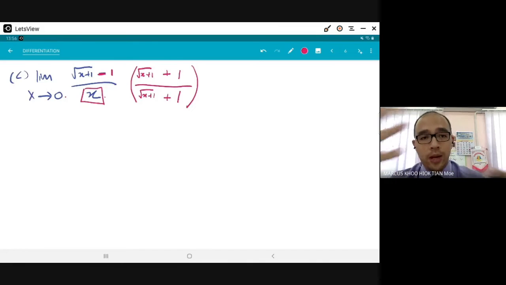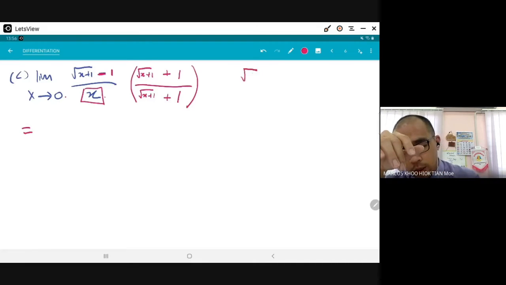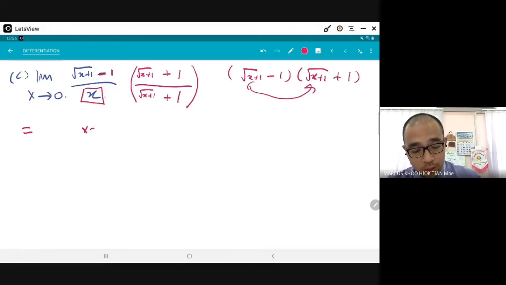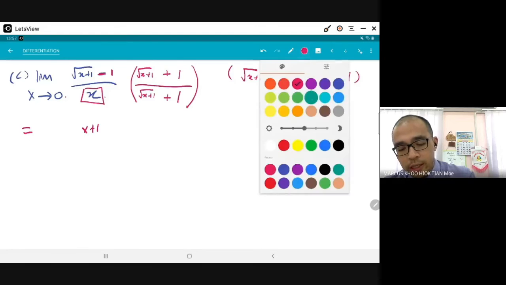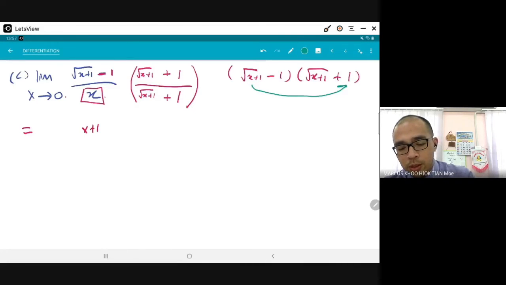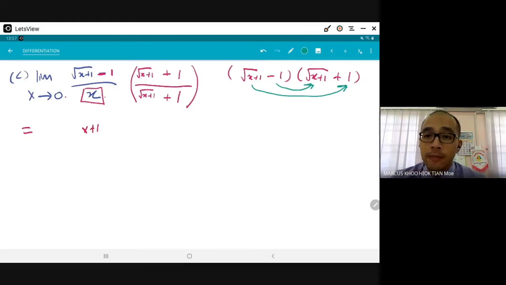So what happens when you multiply, we settle the top first. Square root of x plus 1 minus 1, and then square root of x plus 1 plus 1. Multiply this and this, it will become x plus 1 only, because square root times square root, you just get this one. And because there is a minus and plus, those who did not come to class last year will all regret it, since you forgot this. This with this, when you multiply, it is plus 1 minus 1, it will cancel.